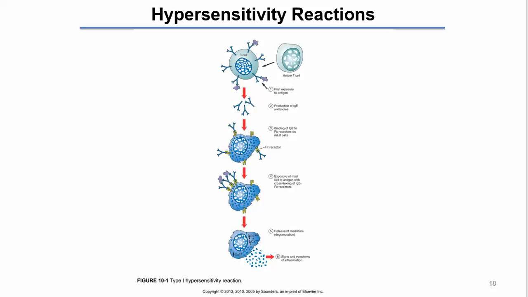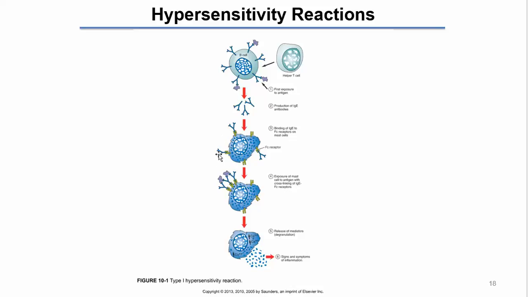So this is what happens: the first exposure to the antigen causes the B cell to produce IgEs. The IgEs bind to the basophil. The granules in the basophil are here.